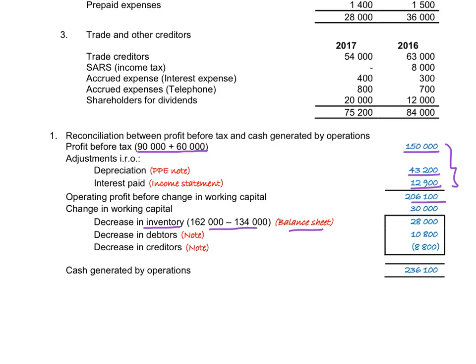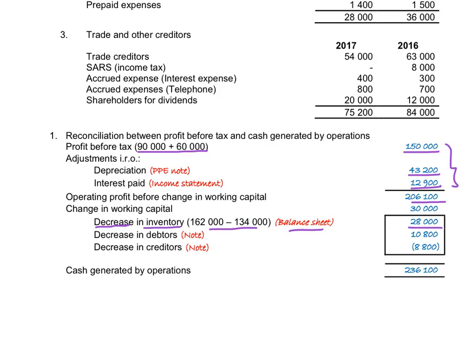In the current year, the inventory decreased. Now, why did inventory decrease? Because we sold the inventory, and if we sold the inventory, money came into the business. So if I subtract these two figures, I see that there was an inflow of 28,000 Rand because we sold the goods.